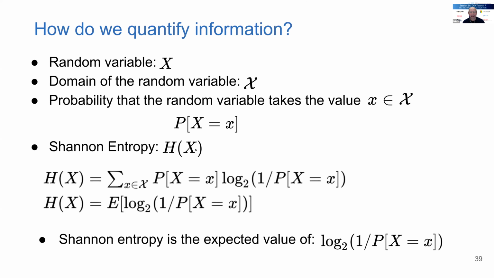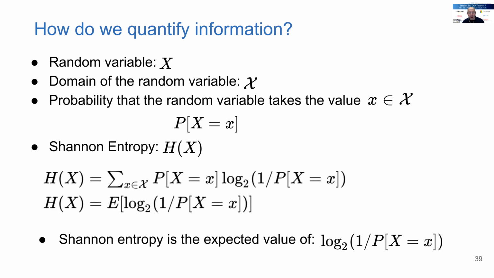Now, Shannon entropy, H of X, is described by this formula. It's basically an expected value, a weighted summation. It multiplies the probability of X having a certain value with this log value here, and takes an expected value. The value inside the log is 1 divided by the probability of observing that value. So as probability gets lower, the value inside the log increases.